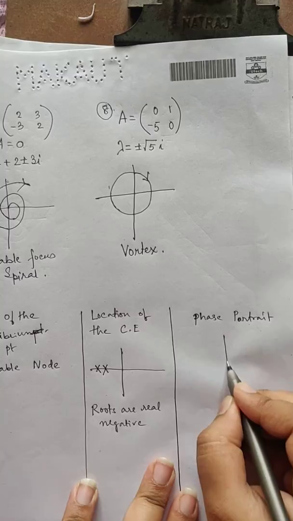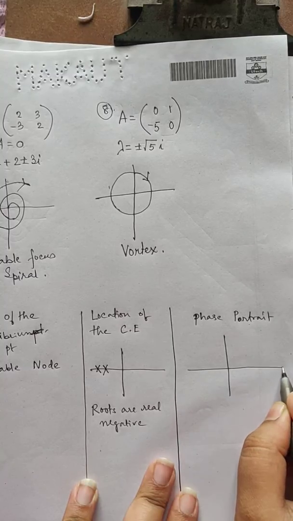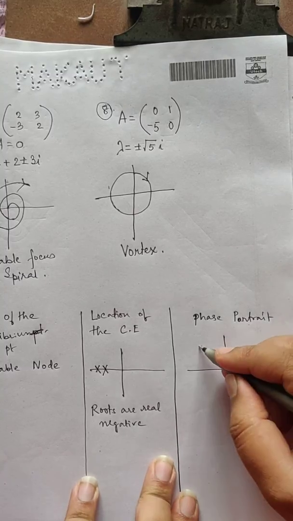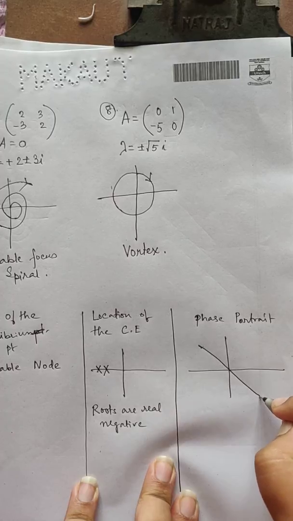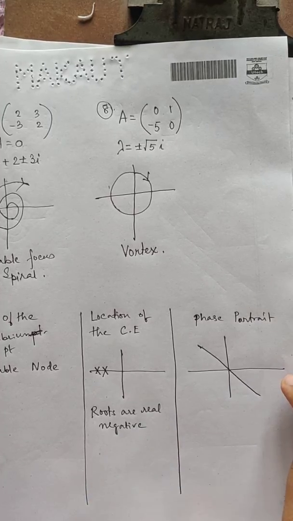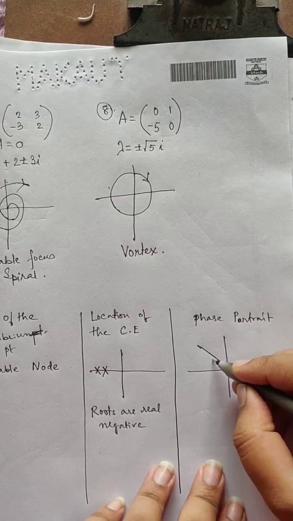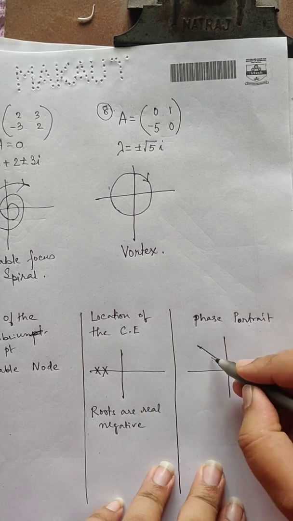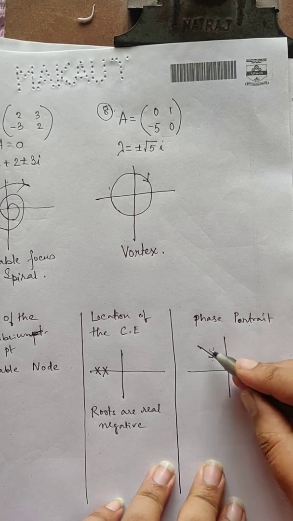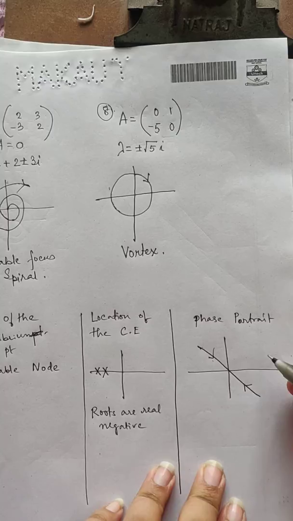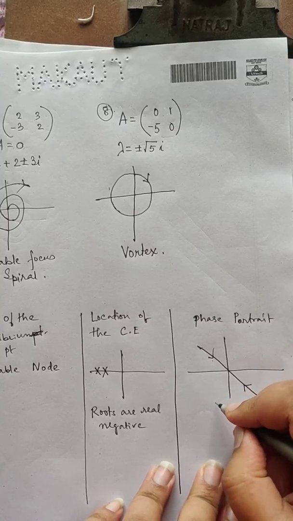So the phase portrait would look like this. It will have a curve, a straight line, and since it is on the negative side, these will be entering towards the origin. So it would just look like this.